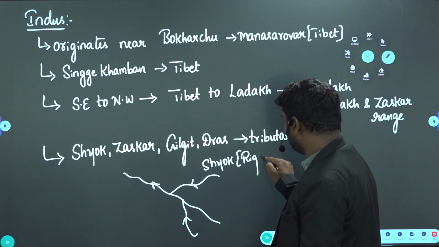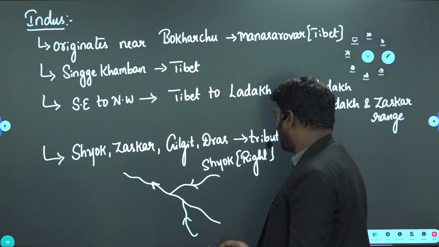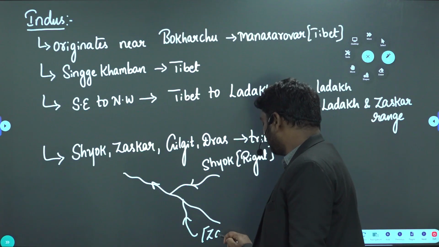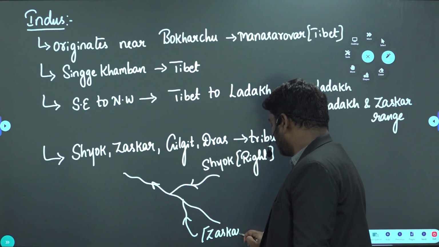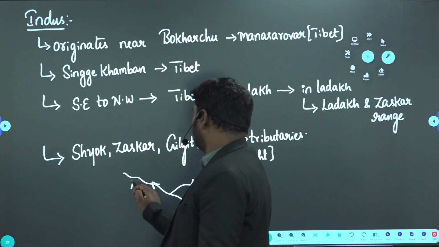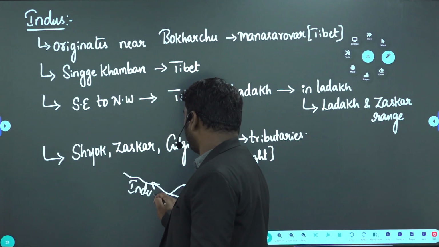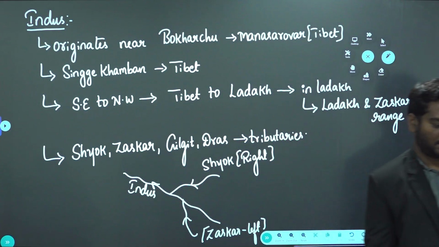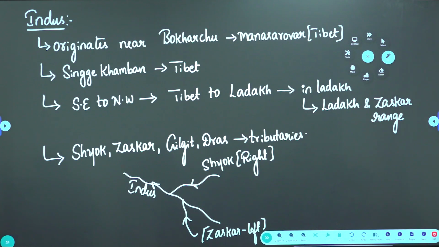Shyok is right bank. Zaskar is left bank. And Indus flows. This can be asked. Right bank, left bank. Remember that. Shyok is right bank. Zaskar is left bank.